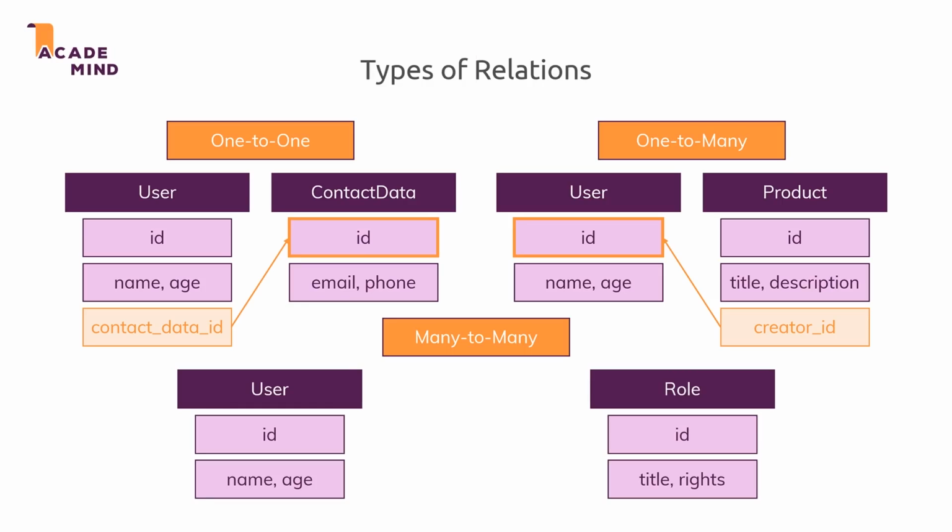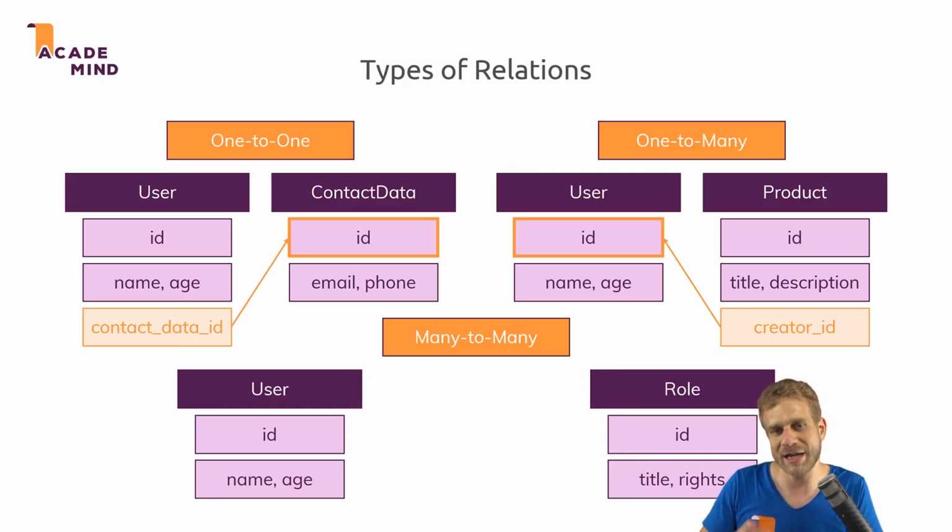We got two tables, users and roles, let's say. A role could be something like admin, editor, stuff like that. And we want to connect these two tables. Now, since a user can have multiple roles, and a role can be assigned to multiple users, there's no way we store that information in two tables only, because we would have to add one new field, so one new column for every role we want to assign to a user and the other way around.